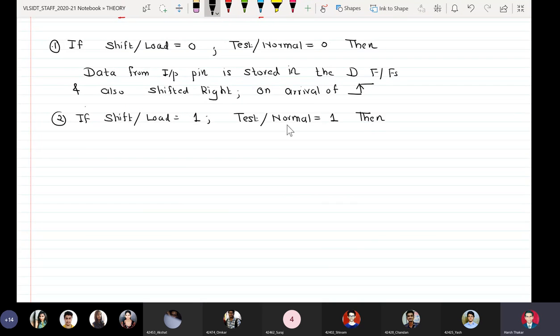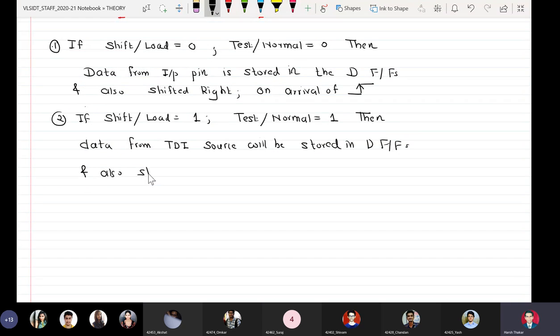Then the data from the TDI pin, from the test data input source, will be stored in D flip-flops and also shifted right on the rising edge.